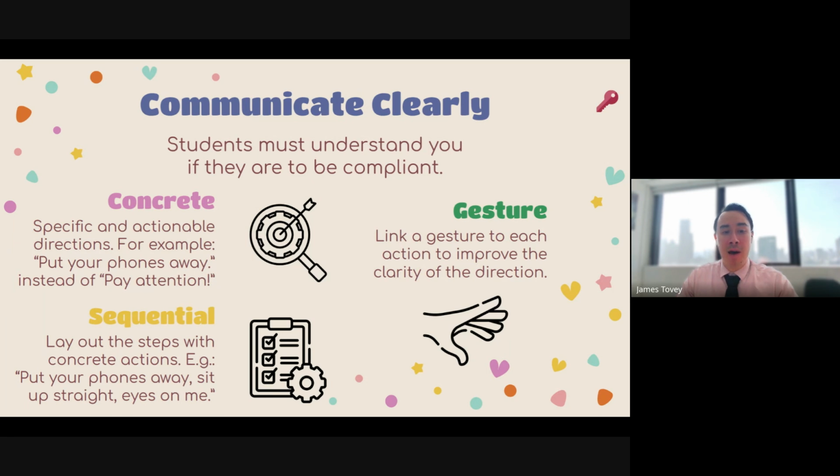And as part of your clear communication, link it to visuals as well. So do a gesture. So link a gesture to each action to improve the clarity of the direction. So it's not just about hearing. Maybe in the corner, they're paying attention to their friend, but they see you in the corner of their eye doing a gesture which you've done 100 times before, where you're like, phones away, sit straight, and you stand up straight as well as you're talking to them, and then you say, eyes on me, and you've got your fingers pointing to your eyes or something like that.